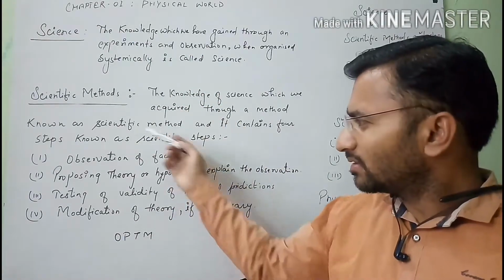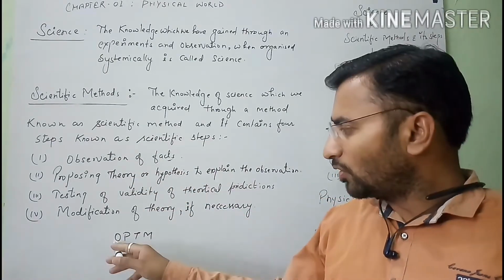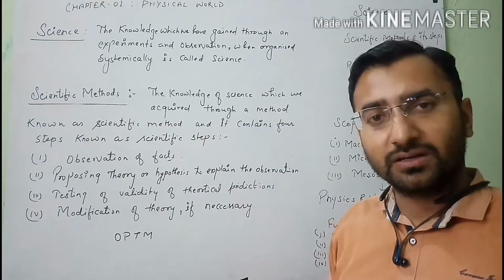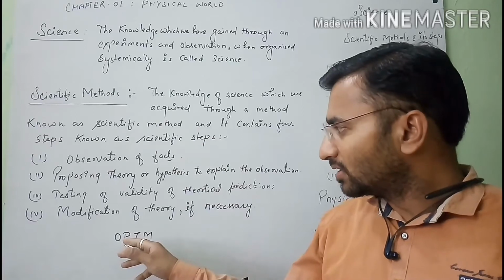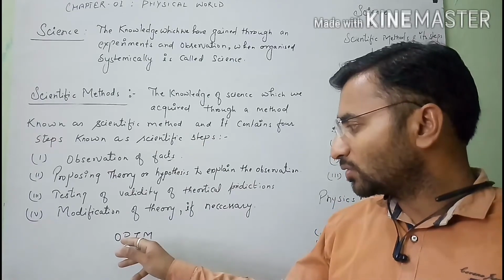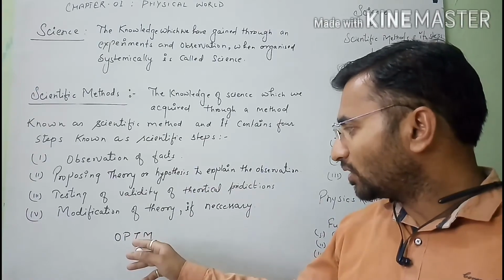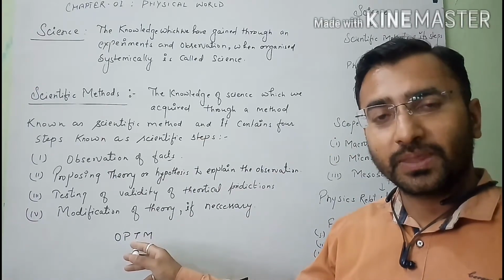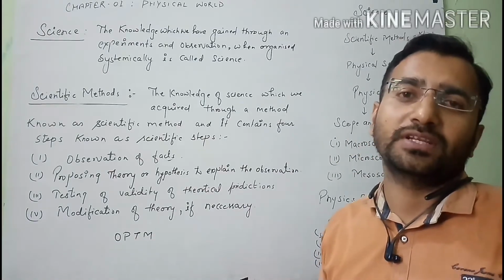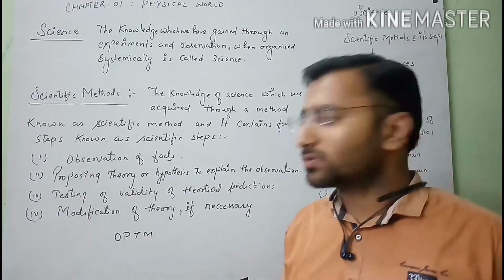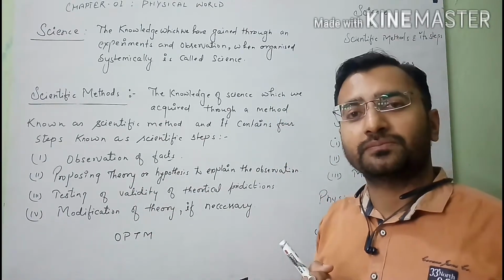These 4 steps are OPTM: O for observation of fact, P for proposing a theory or hypothesis to explain the observation, T for testing the validity of theoretical prediction, and M for modification of theory if necessary. Here, students, I will explain this with the help of one example.